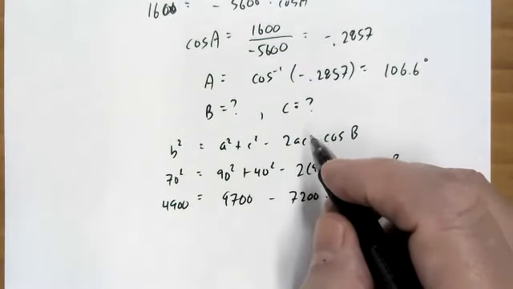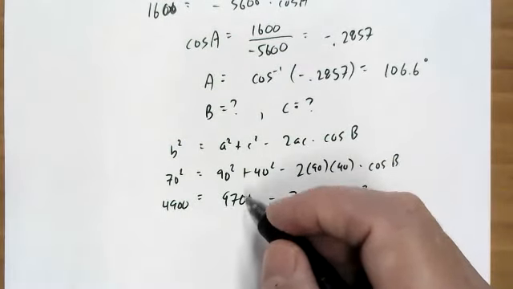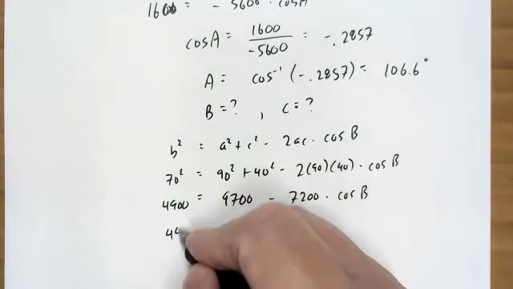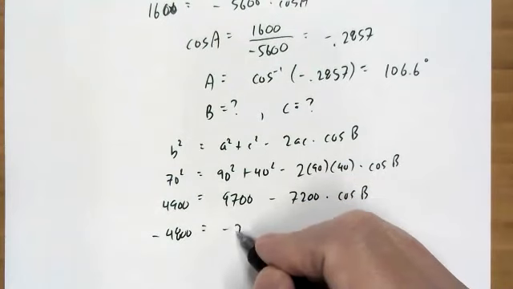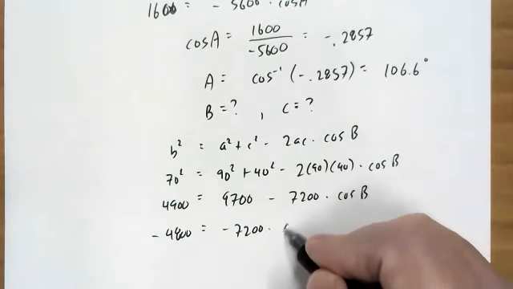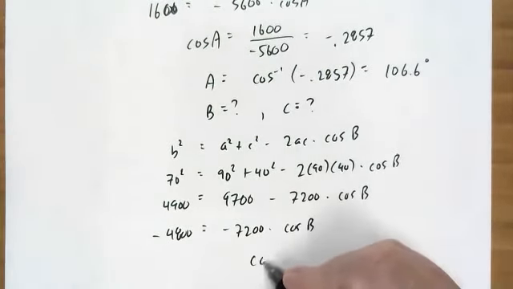If I subtract 9,700, should be negative 4,800 equals negative 7,200 times cosine of B.